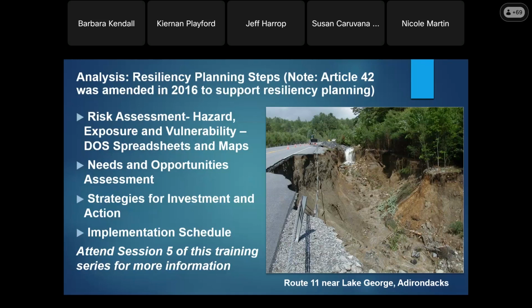One of the things I wanted to mention about this is that we're emphasizing this in our LWRPs and implementation projects because back in 2016, Article 42 was amended again when the Community Risk and Resiliency Act was passed in New York State. And in Article 42, language was added to support resiliency under the financial assistance section, which relates to all our grants.